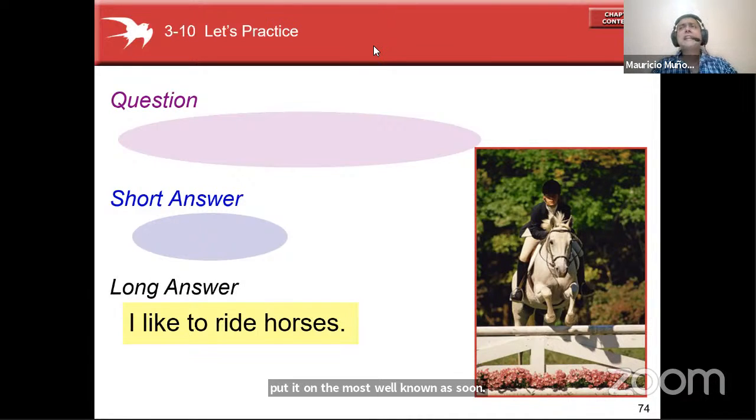Me gusta montar caballos. A partir de esa oración, ¿cuál podría ser la pregunta? ¿Y cuál podría ser la respuesta a esa pregunta?